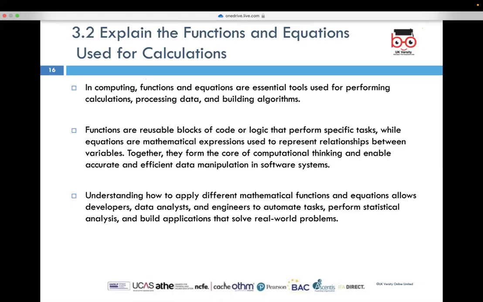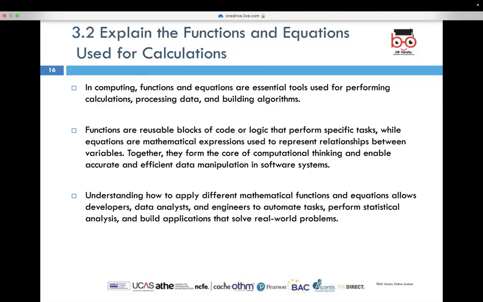In computing, functions and equations are essential tools used for performing calculations, processing data, and building algorithms. Functions are reusable blocks of code or logic that perform specific tasks, while equations are mathematical expressions used to represent relationships between variables.